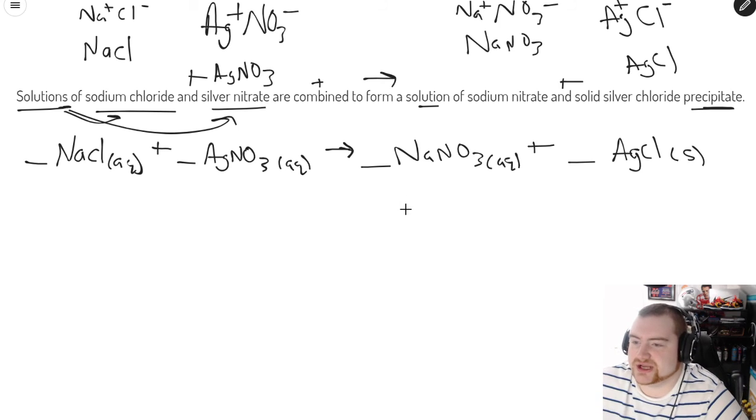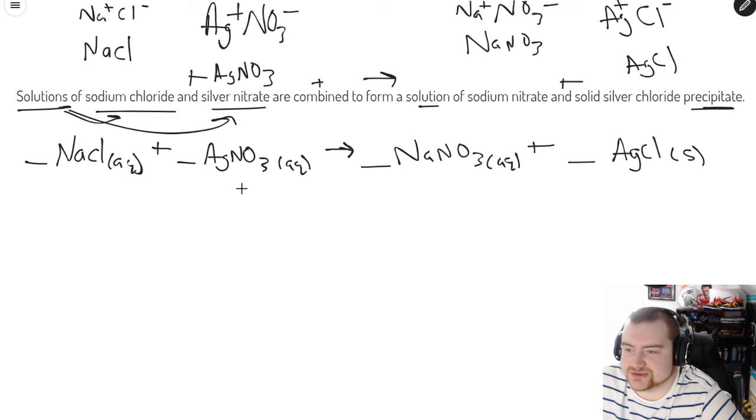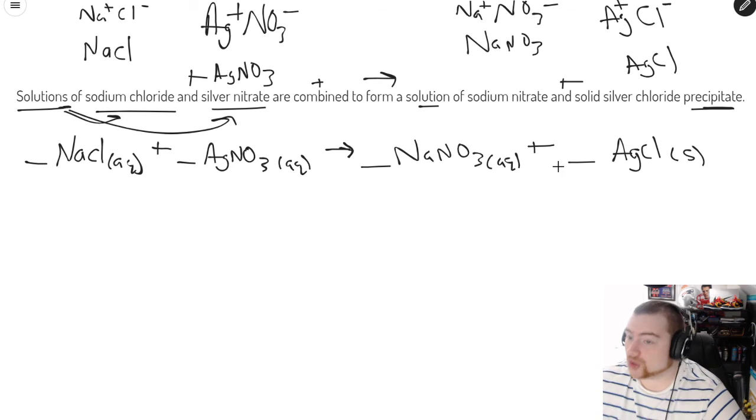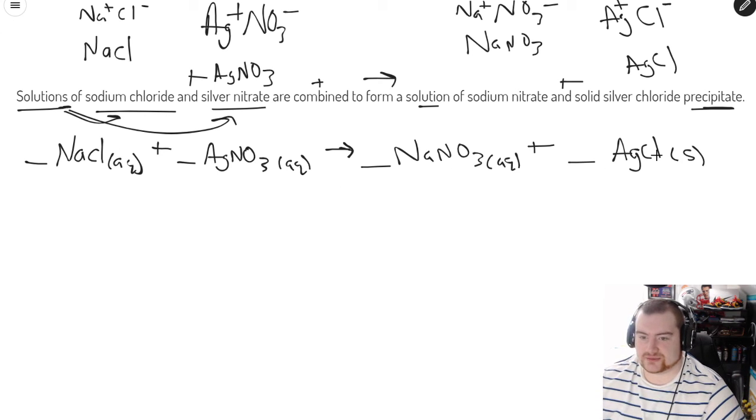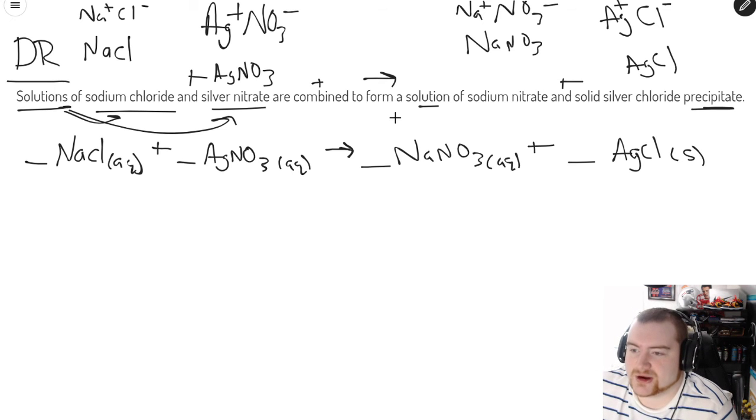We can now say, okay, what type of reaction is this? We have 2 compounds on each side. We have NaCl, AgNO3, NaNO3, AgCl. These are all compounds because they have more than one element in the formula. So this is going to be a double replacement reaction. So we'll say at the top, double replacement. All right, so now all that's left is balancing this out.